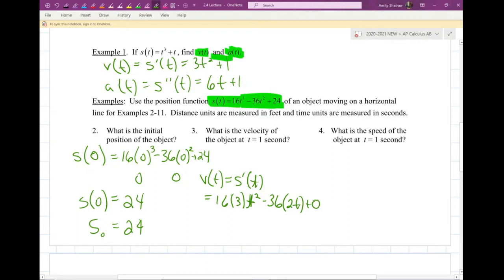So then don't forget that initial position does not affect your velocity. That initial position is just where you happen to be located once you get started. All right, and you can actually leave it like that.